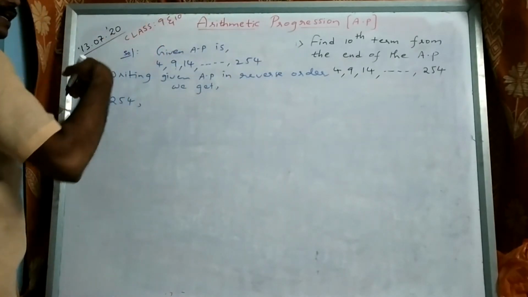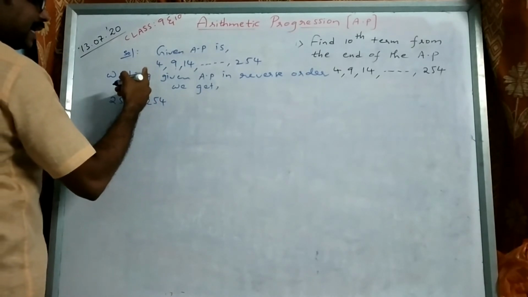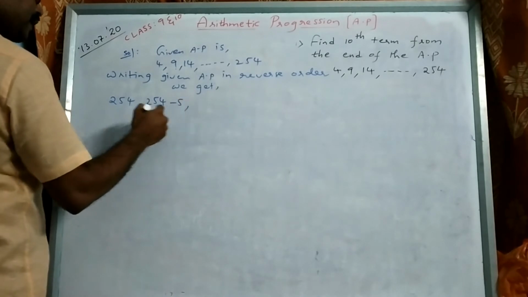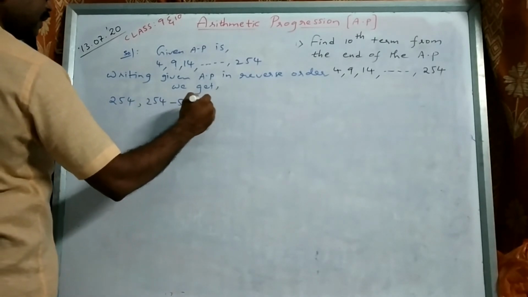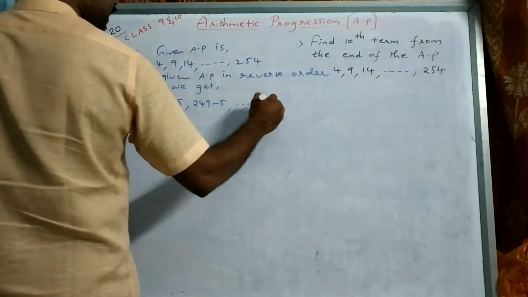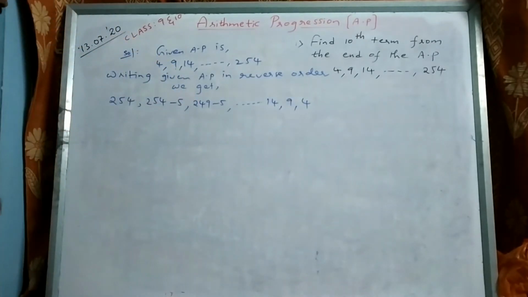From that side if I write, we have to reduce 5. Here from this side we added 5, from that side we have to subtract 5. 254 minus 5, 249 minus 5, and so on, 14, 9, 4. Is that clear?